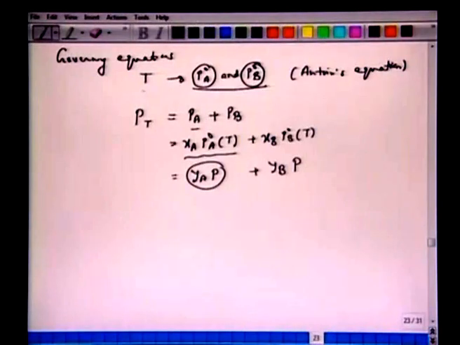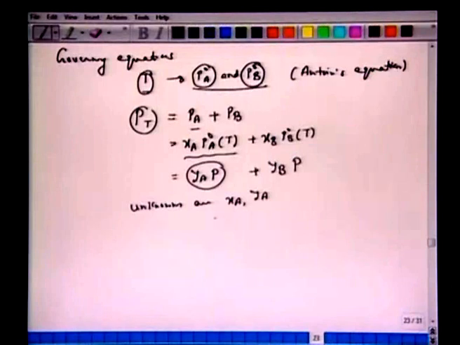So T is fixed and PT is fixed too. And what are the unknowns here? Unknowns are XA and YA, because XB is nothing but 1 minus XA and YB is nothing but 1 minus YA.